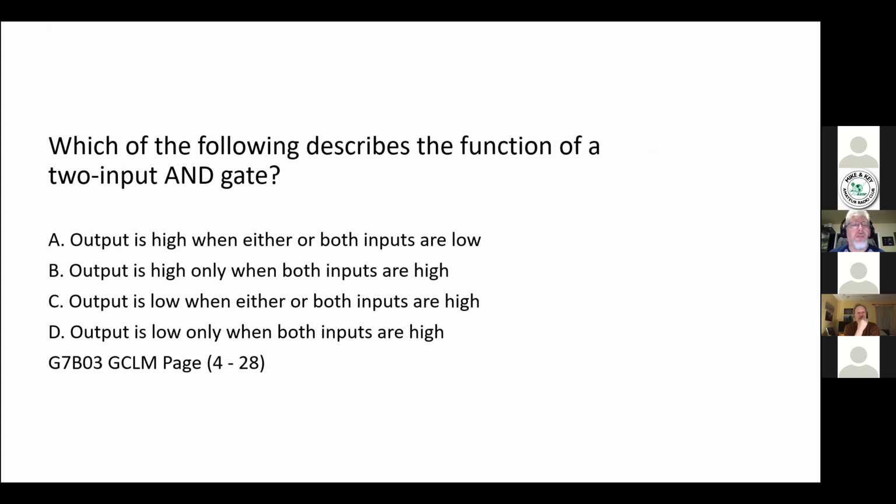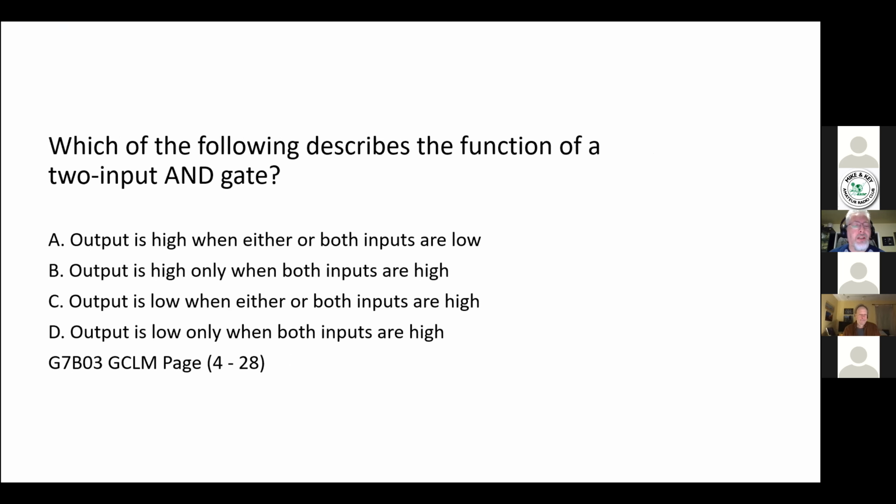Which of the following describes the function of a two-input AND gate? So this is going through our truth tables. A, the output is high when either or both inputs are low. B, output is high only when both inputs are high.